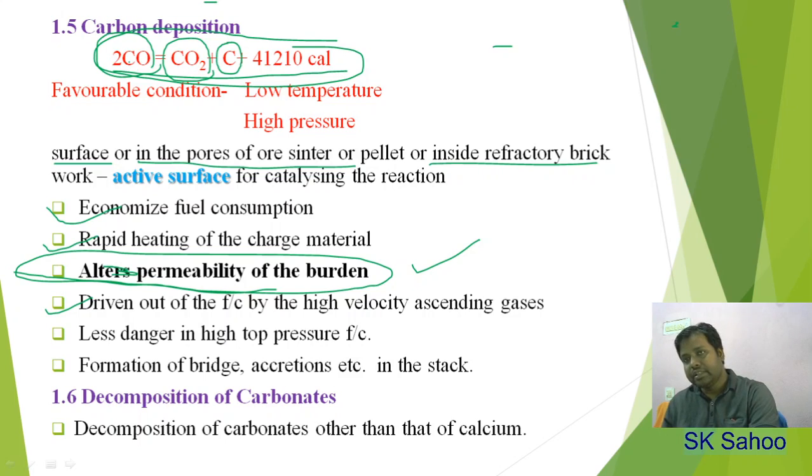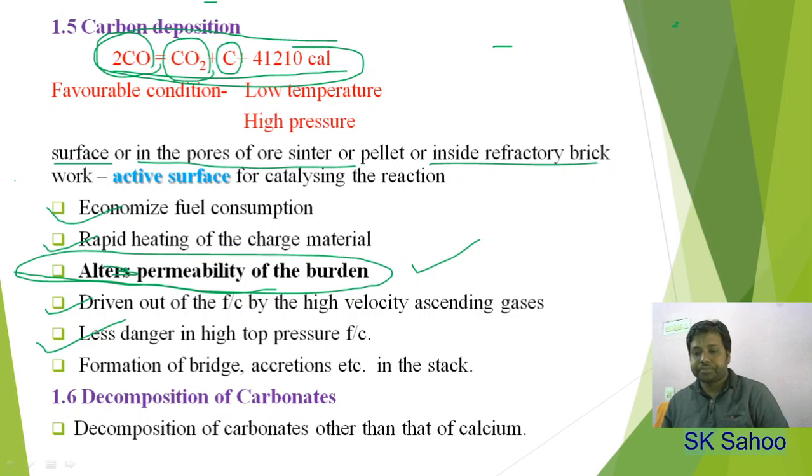That means the volume of the gases is decreasing. If the volume decreases, then it can sustain high pressure. In other words, we can say that high pressure helps in this carbon deposition reaction, because the higher the pressure, this reaction will be more preferable. If pressure is high, then this reaction goes in the forward direction.